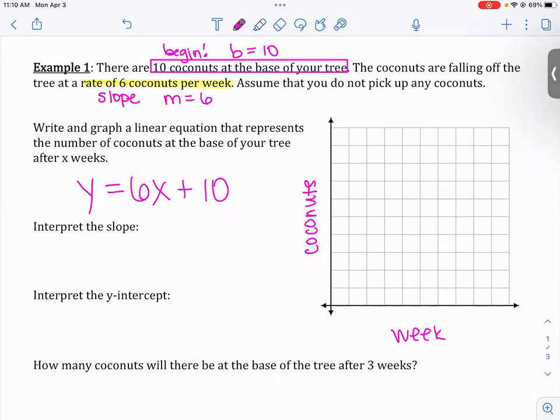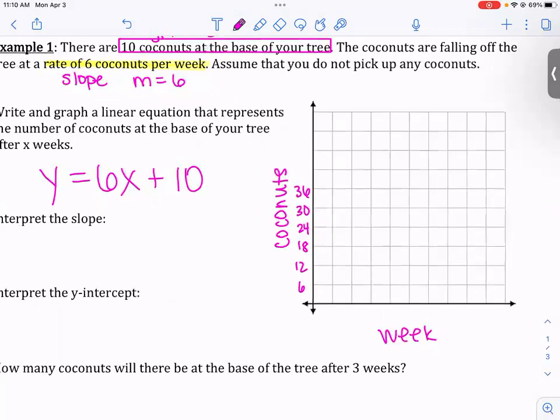Sorry. Here's what I'm going to do. Since my slope is 6, it's going to be easier if I count 6, 12, 18, 24, 30, 36. Here is something that might make you a little uncomfortable: we do not have to count by the same number on the x-axis as on the y-axis.